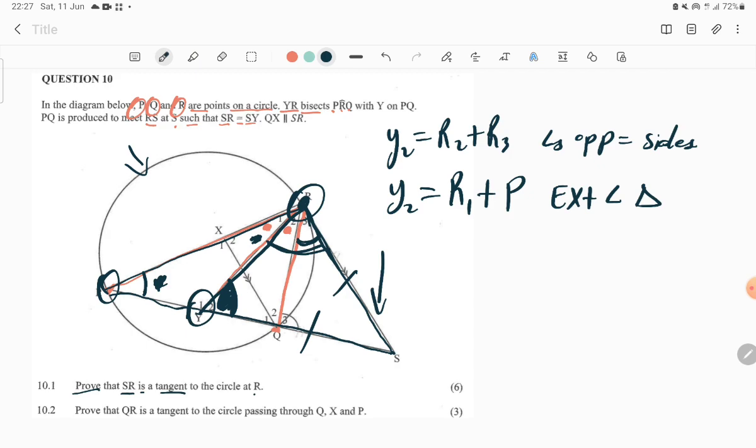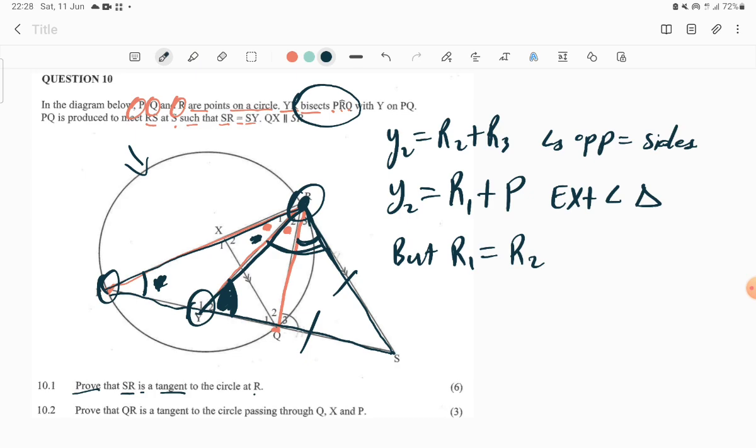Now, it is given that R1 is equal to R2, by the use of the information that YR bisects PRQ.